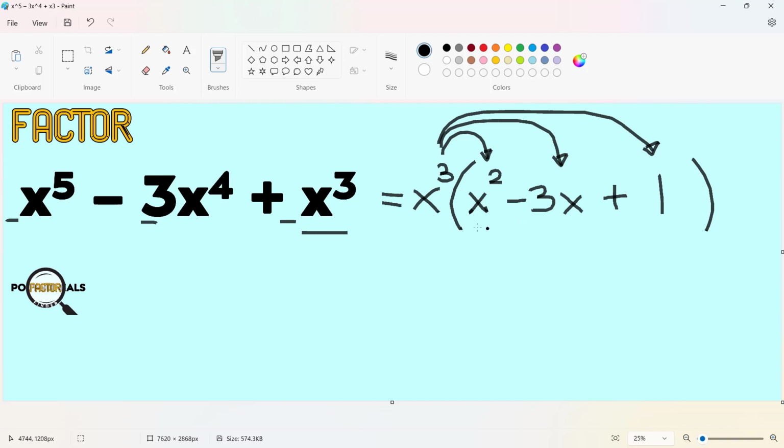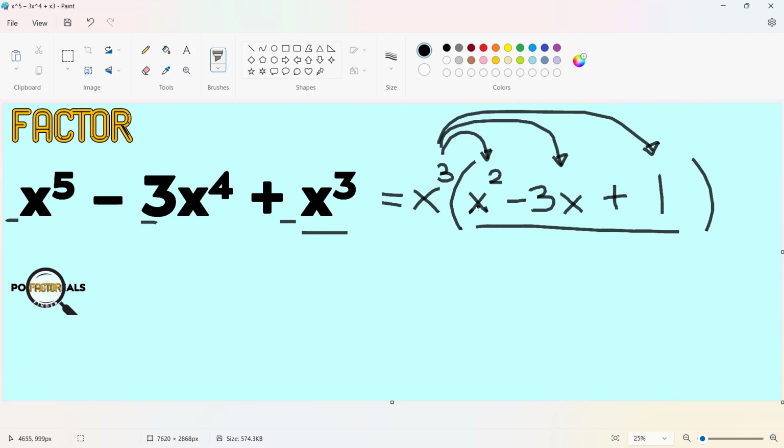So this is now the process after taking out the greatest common monomial factor of x cubed. Now let's look at our trinomial. After the first step of the common monomial factoring, this is a trinomial, so the next step could either be checking whether this is a perfect square trinomial, or we could have other steps in factoring this. Now those two hints can be verified with this. For perfect square trinomial, the first term and the last term should be a perfect square, and it meets the criteria.